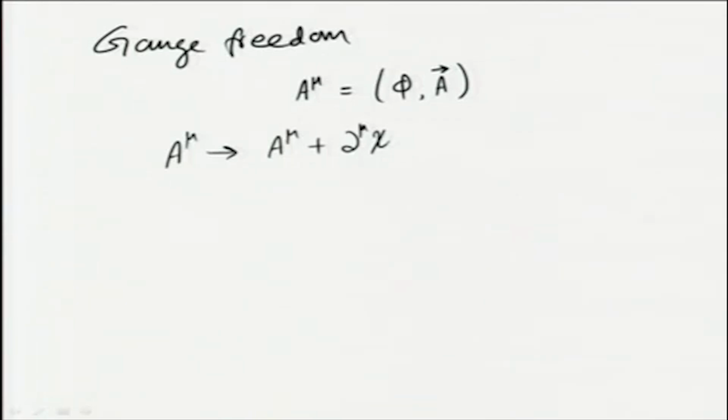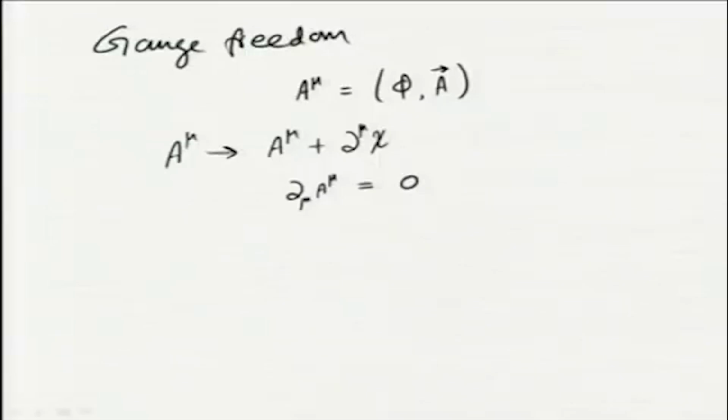We will come to that a little later when we discuss the gauge symmetry. But at the moment, this lets us fix A mu so that dou mu A mu is equal to 0. That is, A mu can be made divergenceless by appropriately choosing the scalar function chi.